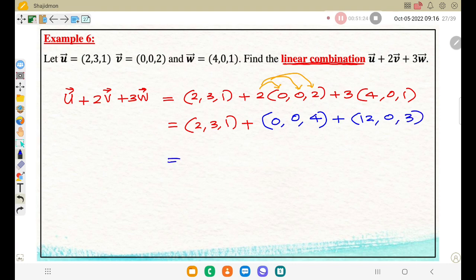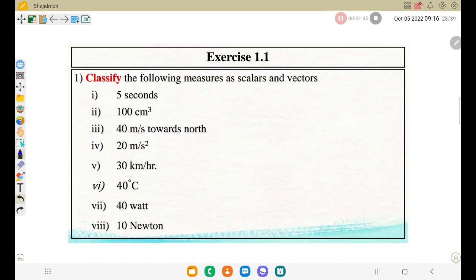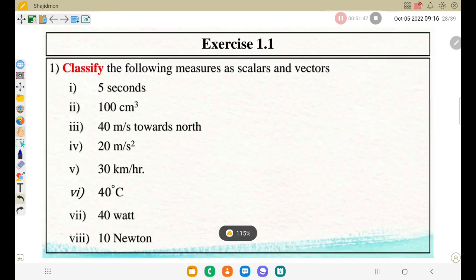Now add all these numbers to get the vector. First numbers: 2 plus 0 plus 12 is 14; 3 plus 0 plus 0 is 3; 1 plus 4 plus 3, 5 plus 3 is 8. So this is the linear combination u plus 2v plus 3w. Clear? Okay.